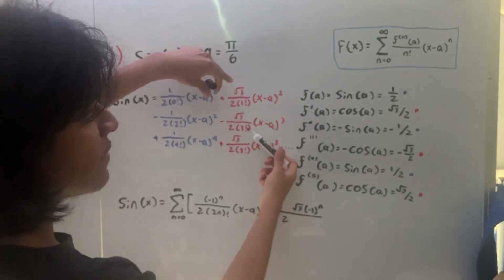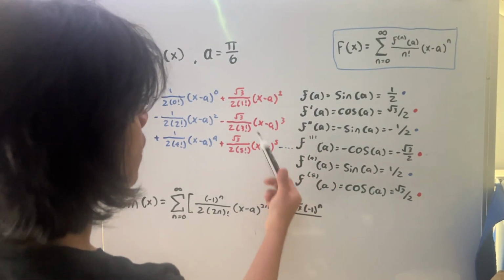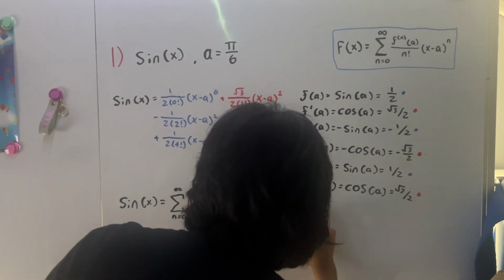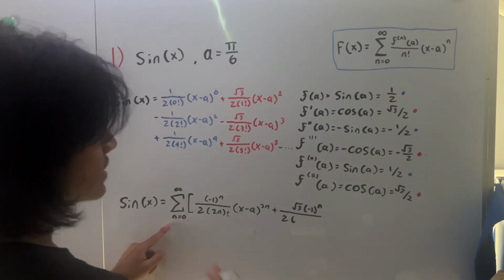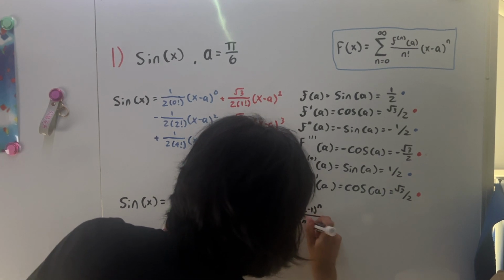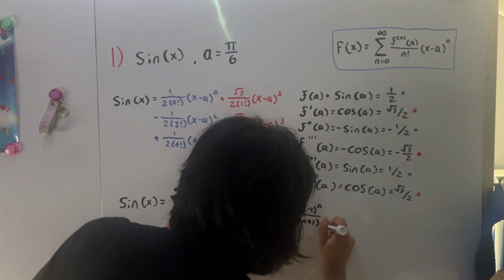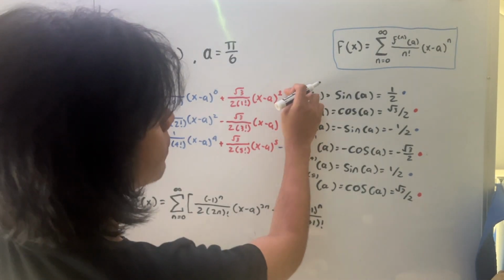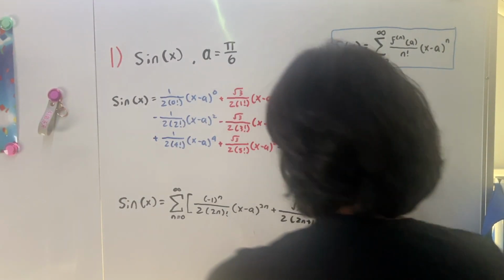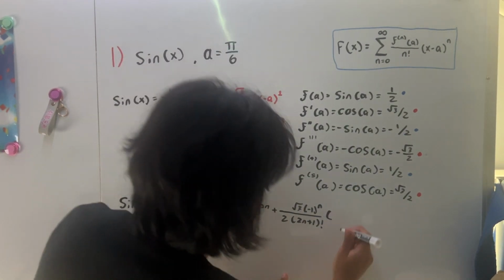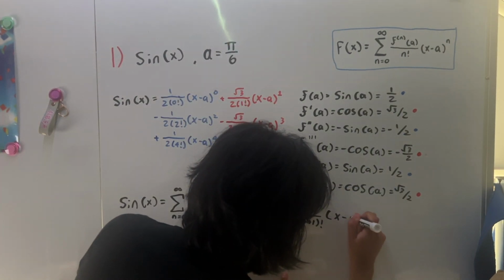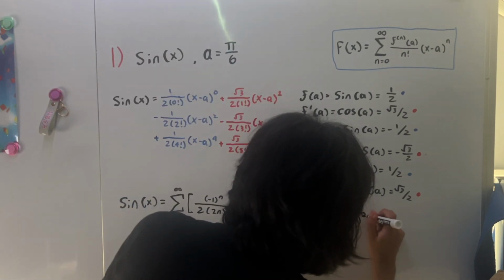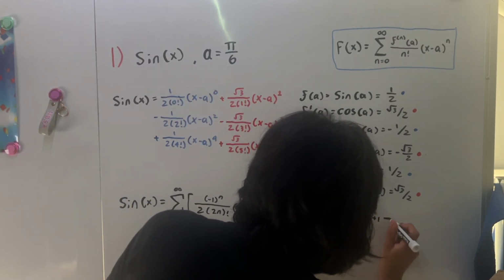And now notice the factorials, they're all odd, starting from 1, going to 3, 5. So if we're starting at n is equal to 0, we're going to want 2n plus 1 factorial right there. And same thing for here, all the powers are also odd. So that gives us x minus a to the power of 2n plus 1.